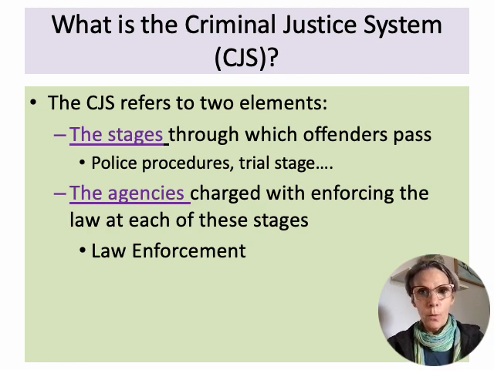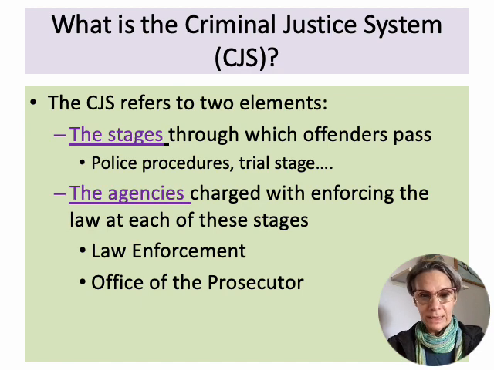They're the ones who are going to be making initial contact with people. They're the ones that are potentially going to be arresting an individual. But there are federal agencies as well, such as the Federal Bureau of Investigation, the FBI. And so agencies are in charge of enforcing the laws within those different stages in the criminal justice system.